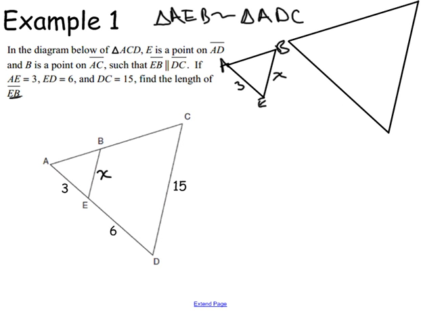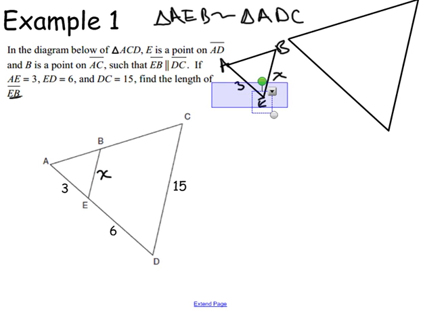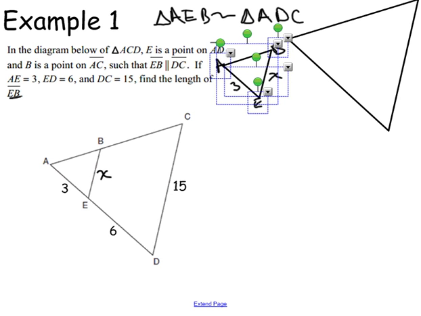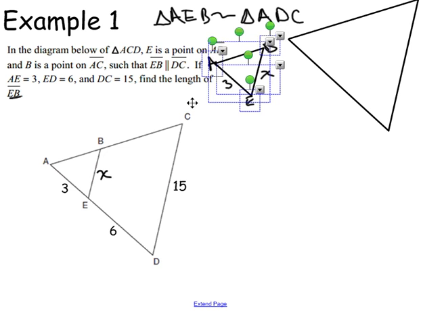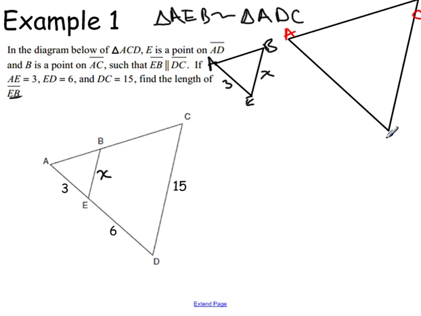I know that the vertices of the big triangle are A, C, D, and I know that DC is 15, so I'm going to write 15 here for DC.